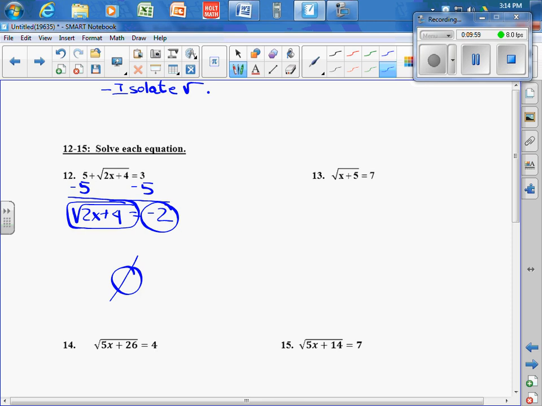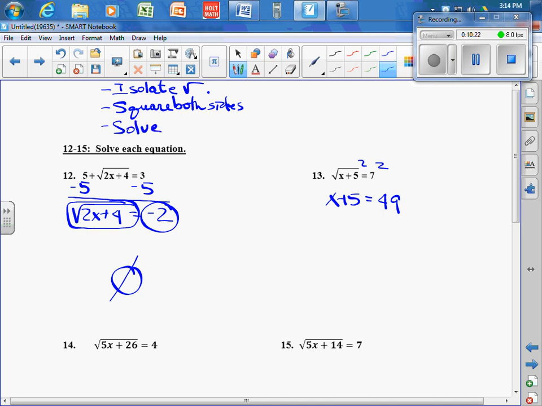Number 13, isolate the radical. There are no numbers outside the radical on the left side of the equal sign. Number 2, square both sides. So I squared this, I get x plus 5 is equal to 49. Solve.